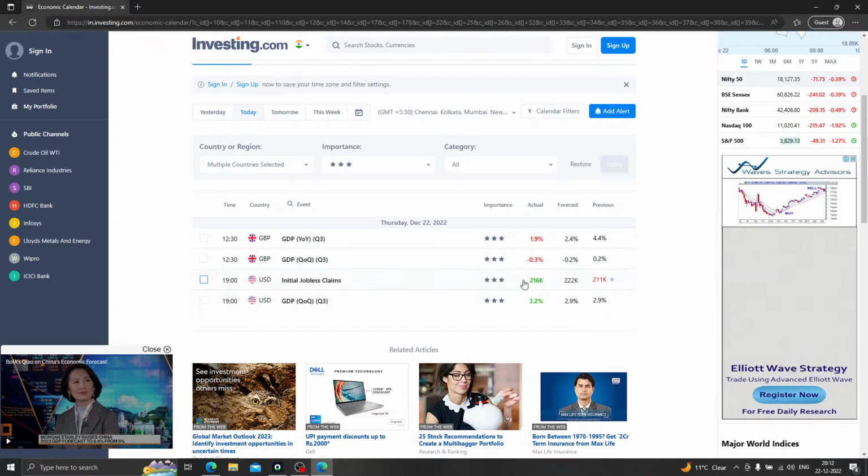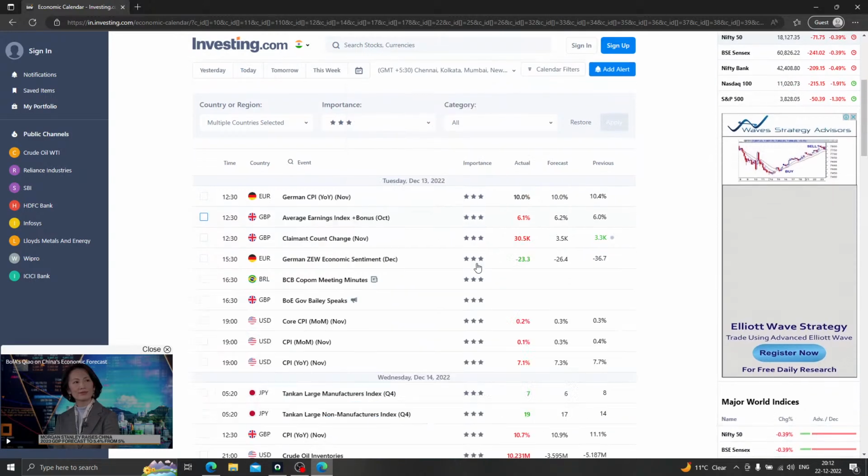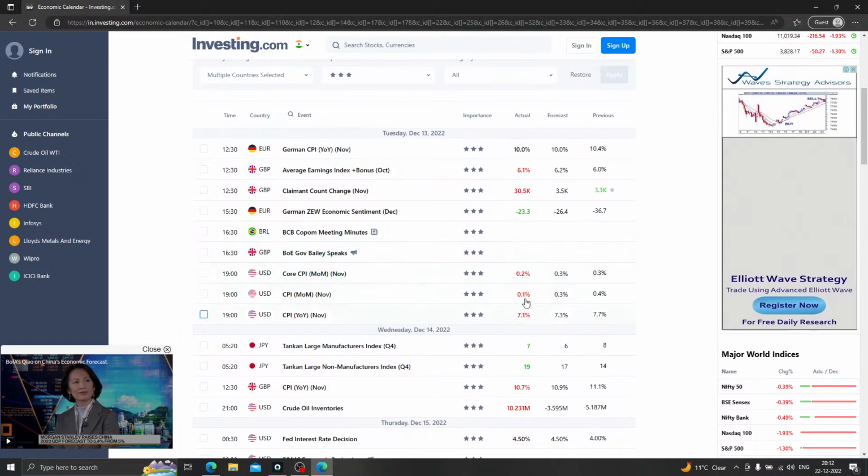Positive data means that it is a positive sign for the US currency and the US dollar might gain its value. The most important data is the CPI data and the NFP data. So for the month of December, the CPI data was released on the 13th, and I'll show you that the data was on the negative side, and it had a negative impact on the US dollar.